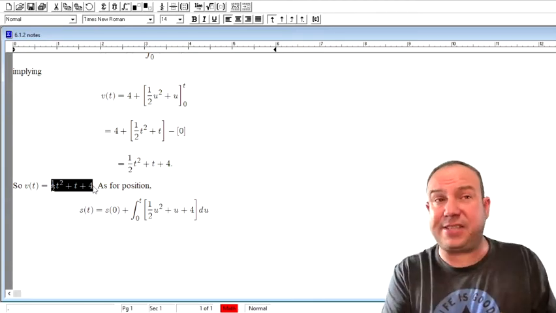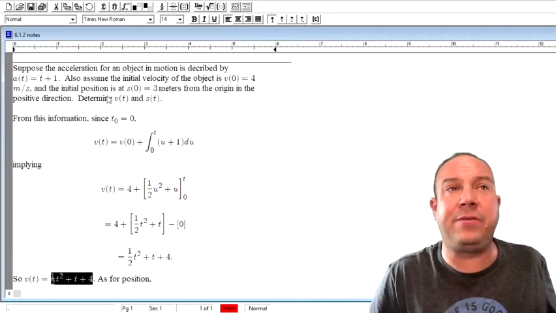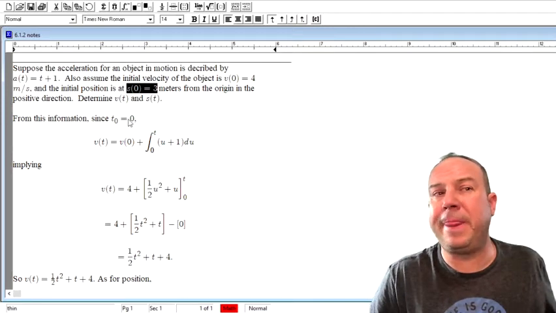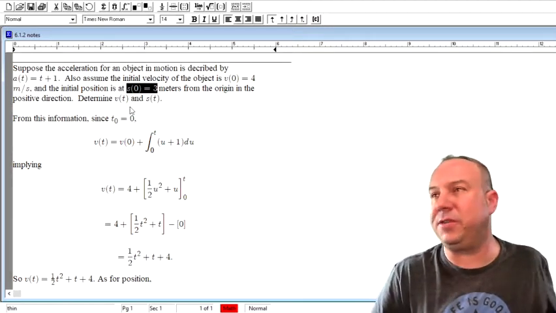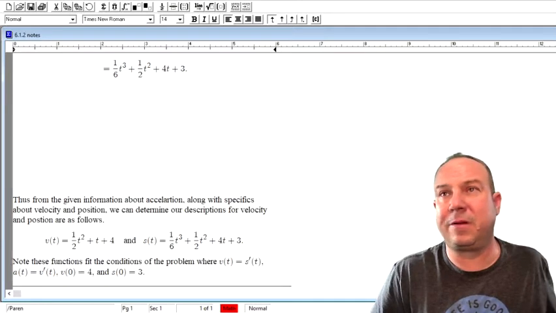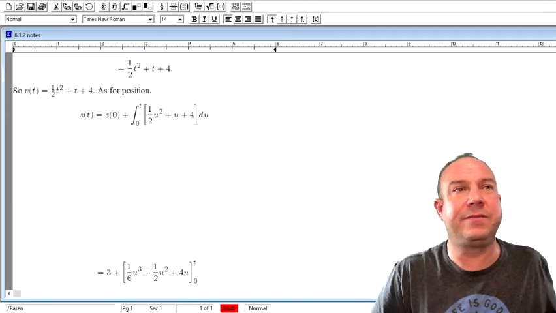Now with this velocity description and that little bit of information about known position, this information here, I can now calculate my position function. I can now find this value s of t. All right? Let me not go too far here.